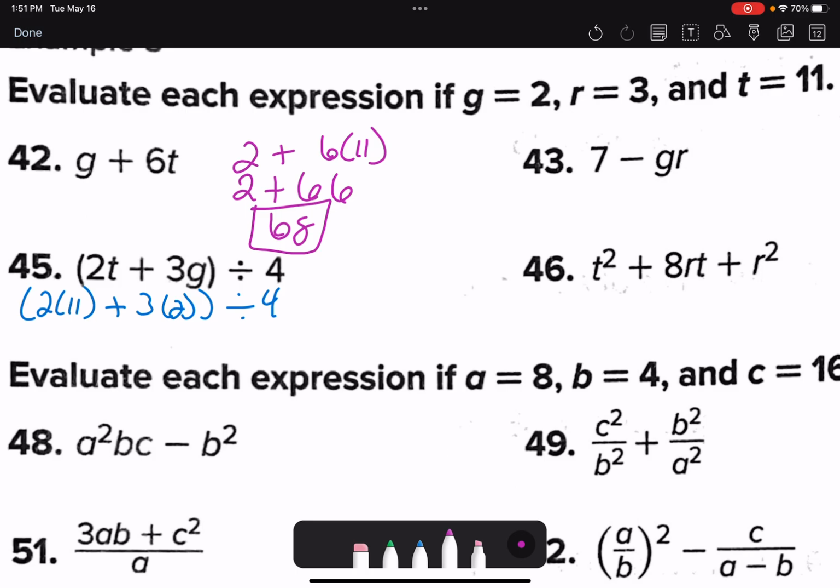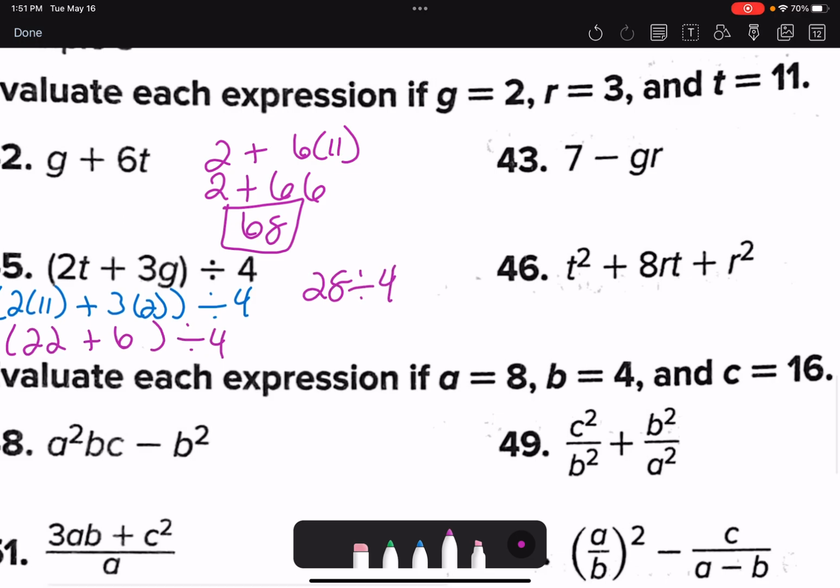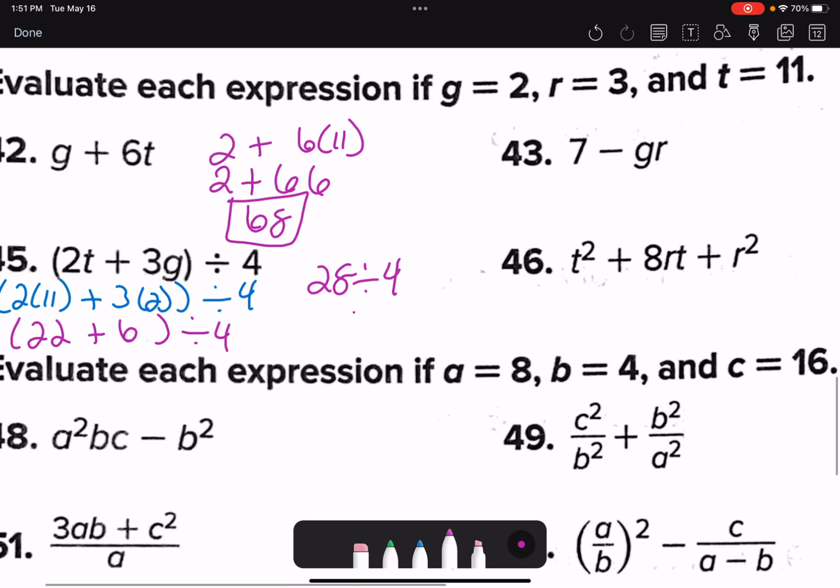So I'm going to do the inside. 2 times 11 is 22. 3 times 2 is 6. 22 plus 6 is 28. And 28 is now outside of parentheses. You can leave it in parentheses, but it's just a 28, so you don't need it anymore. 28 divided by 4 is 7. So this is my final answer.